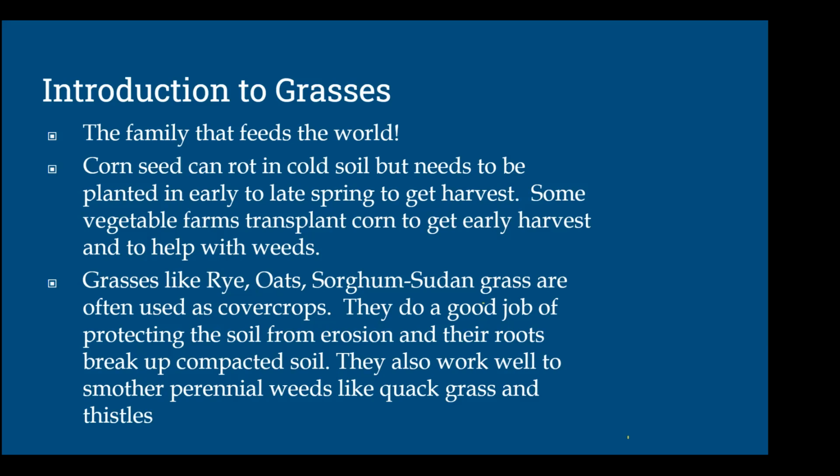They do a really good job of protecting the soil from erosion, and their roots can break up really compacted soil. They also work well to smother perennial weeds like the common quackgrass and thistle. Quackgrass and thistles are very common weeds in Minnesota that you're going to be dealing with and having to weed out quite often.